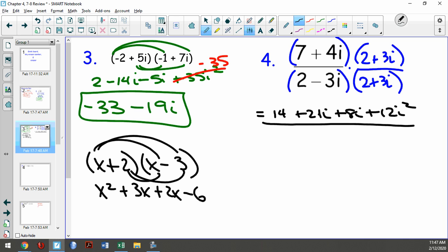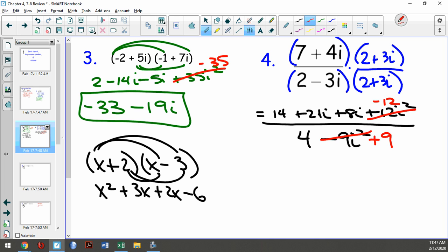When you do the bottom, you only have to do the first terms, 2 times 2, which is 4, and the last terms, 3i times negative 3i, which is minus 9i squared. Because inner and outer will always cancel. Now, what is i squared equivalent to? So the plus 12i squared turns into minus 12, and the minus 9i squared turns into the plus 9.